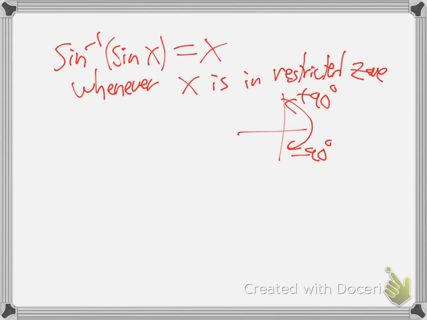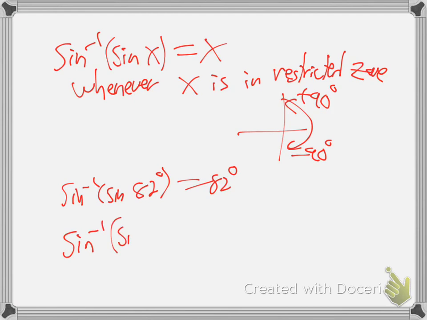If the x gets outside of that zone because of this zone restriction stuff, if you said what's the sine inverse of the sine of something like 82 degrees, yeah, just 82, because 82 is in the zone, negative 90 to positive 90, no problem. But if you asked what's the sine inverse of the sine of 120, it's not going to be 120.